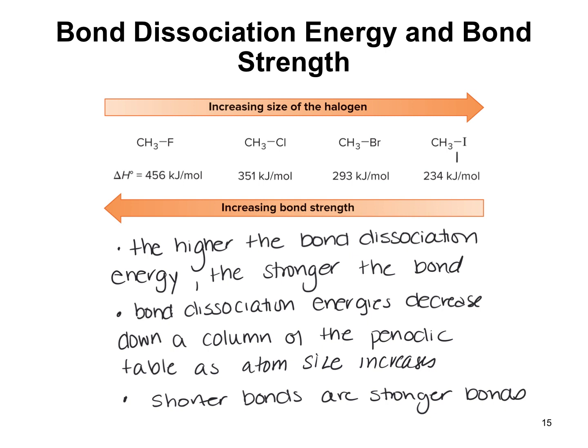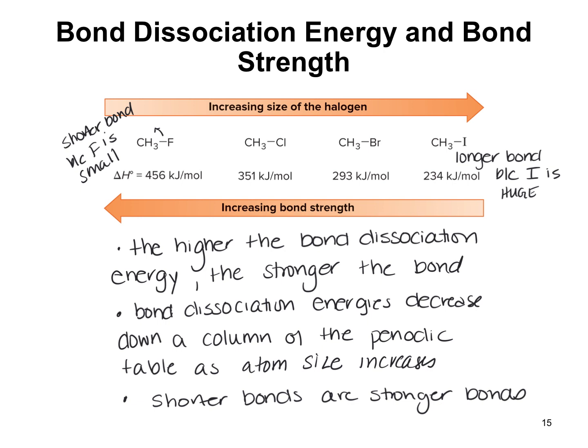Because over here, this is a longer bond because iodine is huge, and over here, this is a shorter bond because fluorine is small. And so those are some of the ways that we can identify where we've got shorter bonds and stronger bonds, is to look at the atom size.